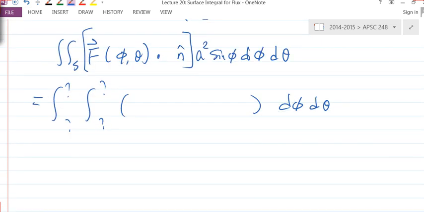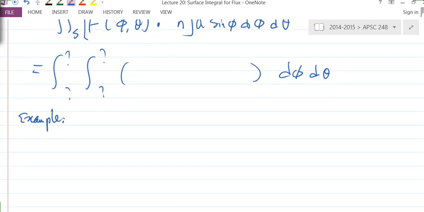So let's take an example here. Here's my simple vector field, F equal to 0, 0, z.